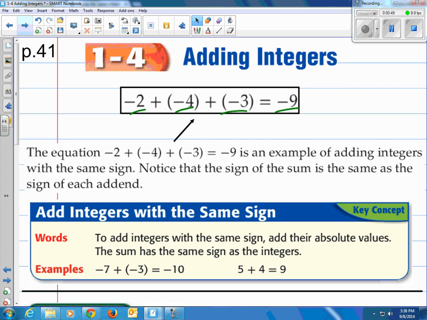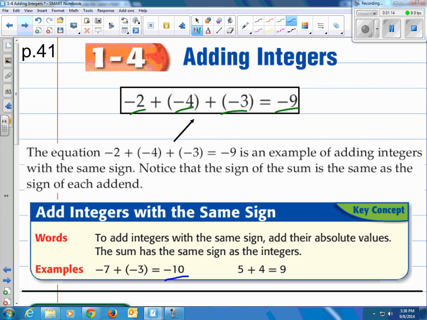In general, when you're adding integers with the same sign, add their absolute values, meaning add all the number parts together, and then assign the same sign, meaning the positive sign or the negative sign, whichever one is there. So the sum has the same sign as the integers. Their examples are -7 plus -3 equals -10.